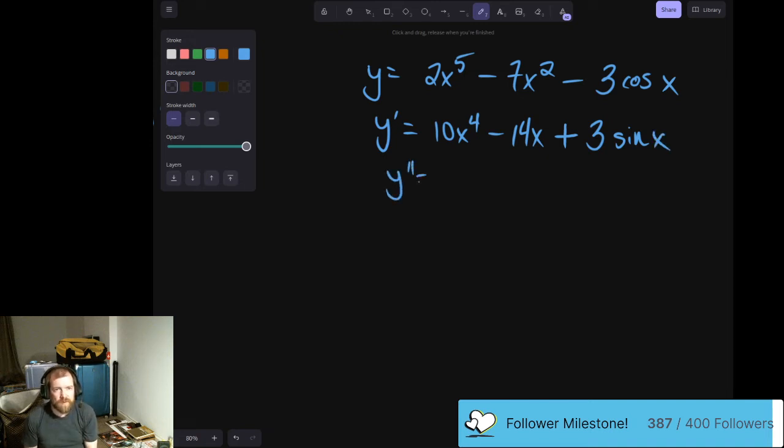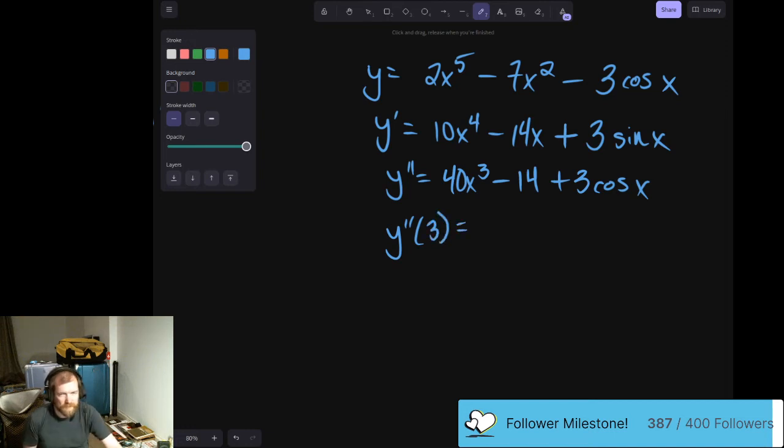And second derivative, again, power rule. Cosine x. And then you want to evaluate this at some value, right? Like, what's y double prime at, like, 3? And you're going to be able to plug all this in and get those values. I imagine that's not what you're talking about, and it's probably harder than that.